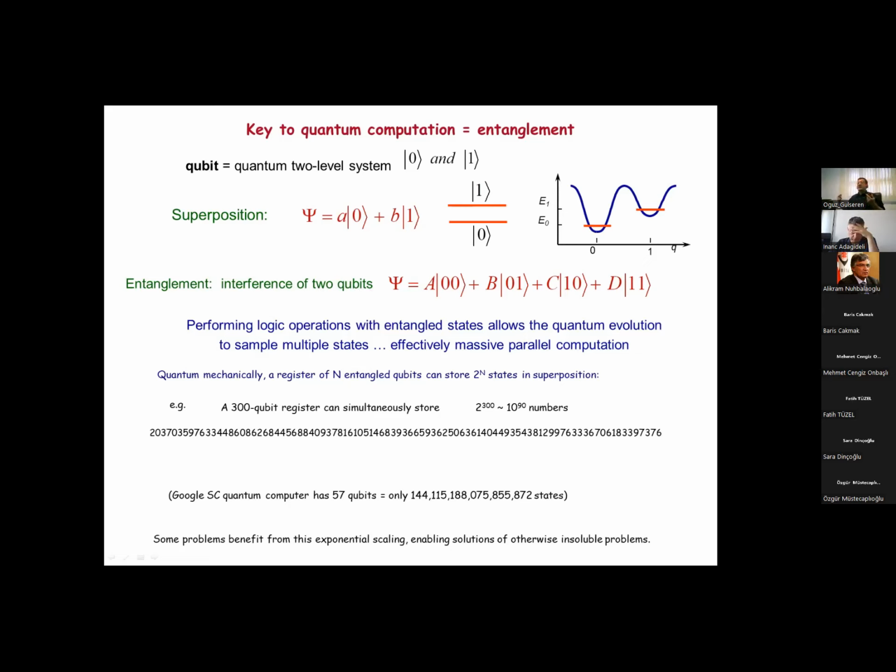So what is the advantage of this instead of just using 0 and 1? In order to perform parallel computation, you really need a parallel implementation in the classical approach. But here, in this case, with one shot, since you have an entangled state, you perform all the operations.